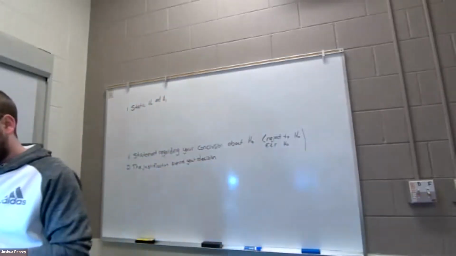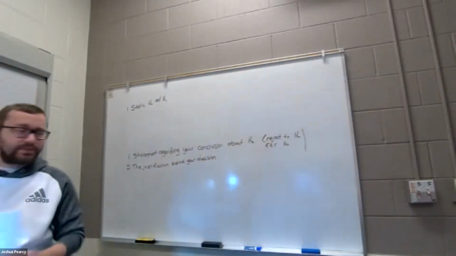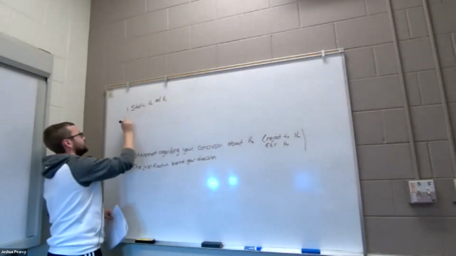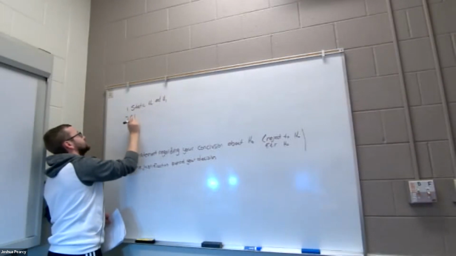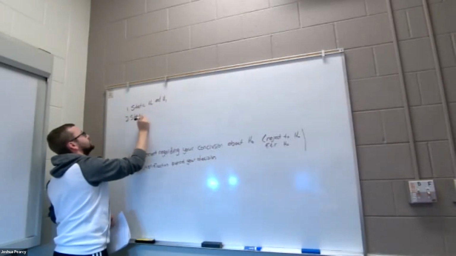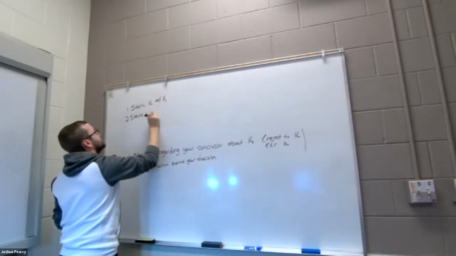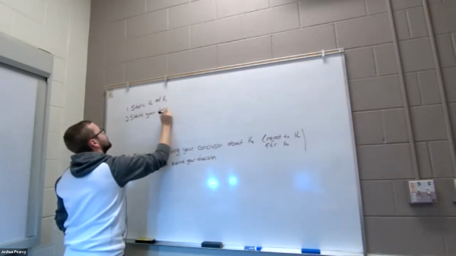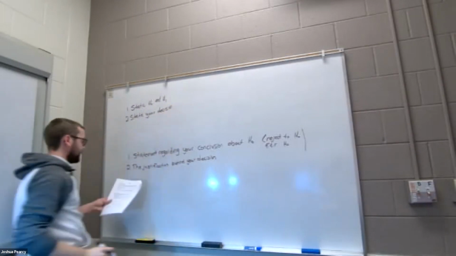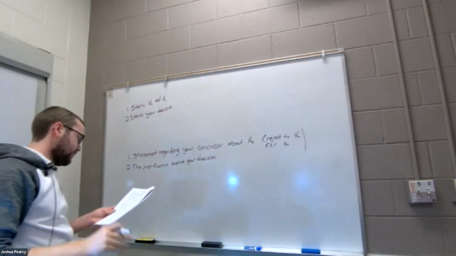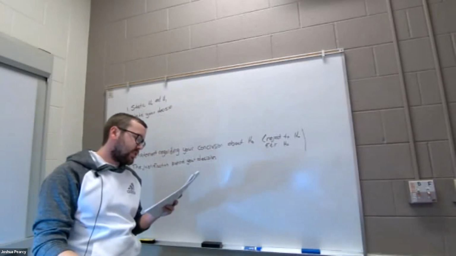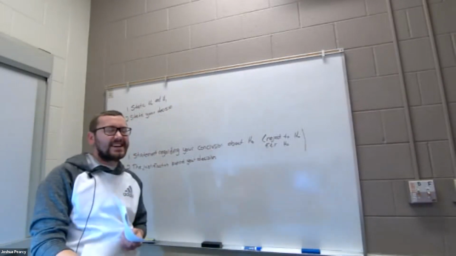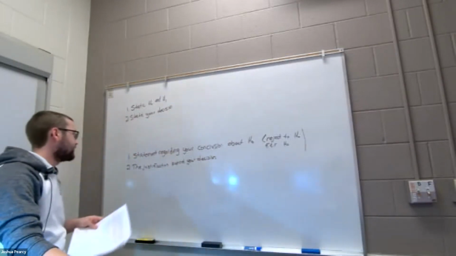Second step. State your decision rule. What does that mean? So that just means when using the traditional method, their decision rule depends on the type of alternative hypothesis.